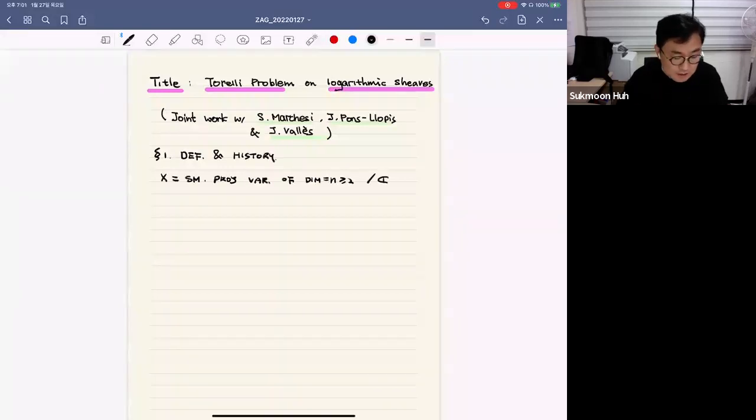And then inside X, we're going to consider a fixed, reduced and effective divisor, say D1 plus ... plus D sub M. So this is a reduced and effective divisor with each Di irreducible.